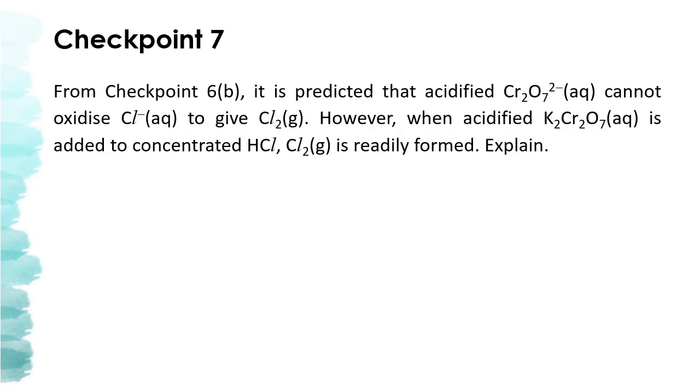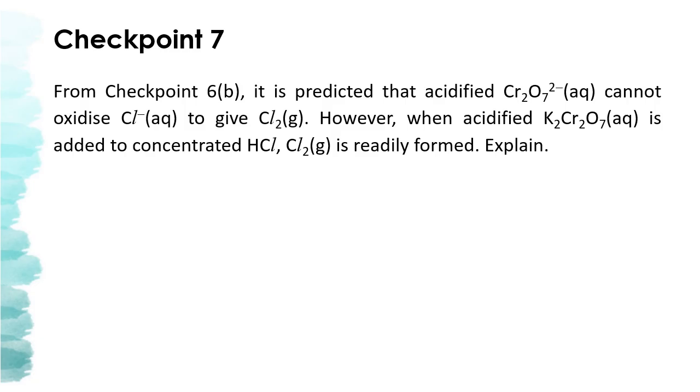Let us now look at another question in checkpoint 7. What it's trying to say for this question is that Cr2O7 2- can oxidize Cl- to form Cl2 when you use concentrated HCl.